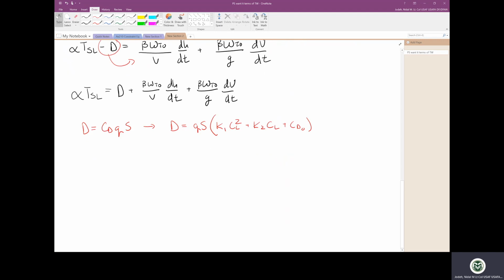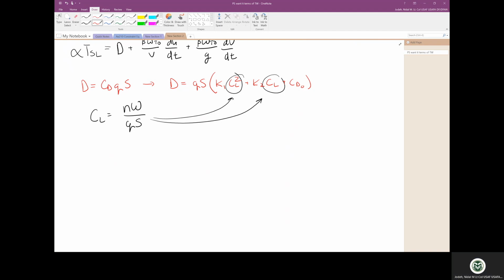And we still need to figure out a way to get weight in there, so we're going to represent C_L in terms of weight. C_L is equal to nW over qS. We'll plug that in there.